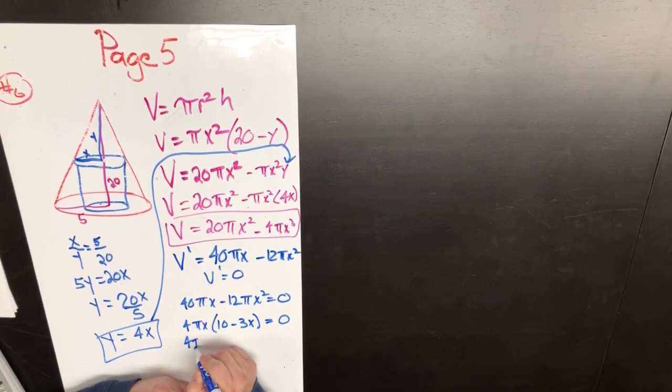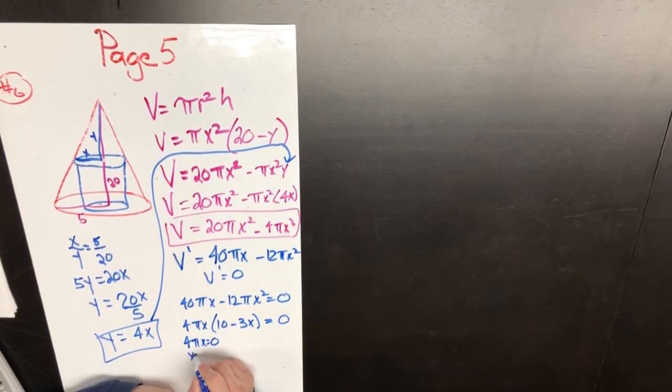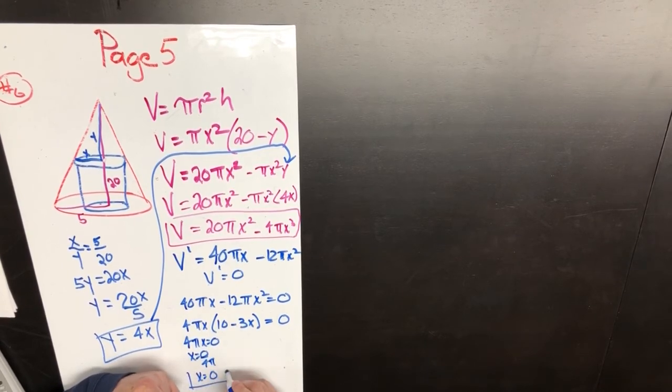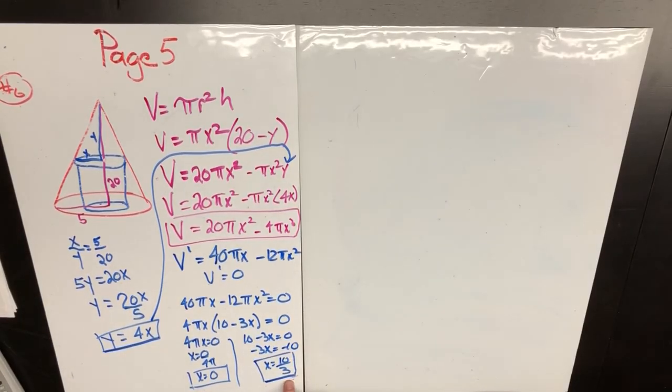So 4 pi x equals 0 means x equals 0 over 4 pi, x equals 0. Or 10 minus 3x equals 0, minus 3x equals minus 10, x equals 10 thirds. So 10 thirds, that's going to be the radius.